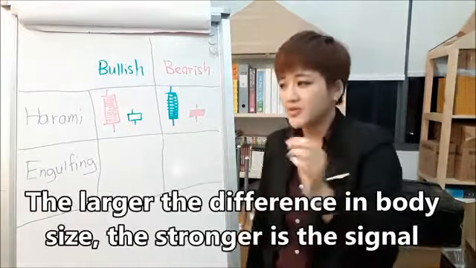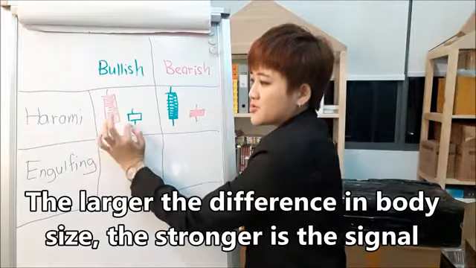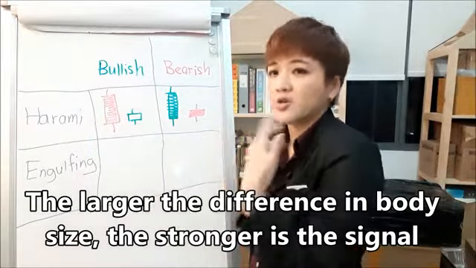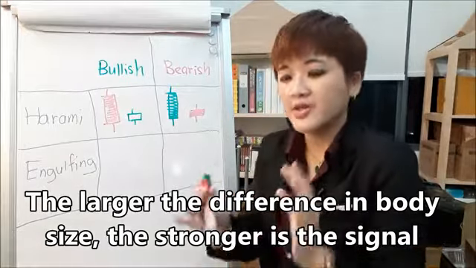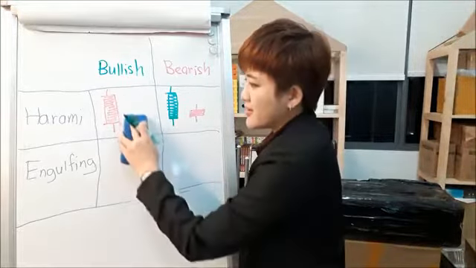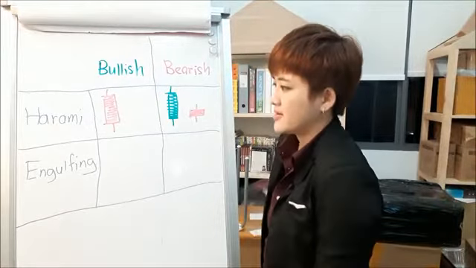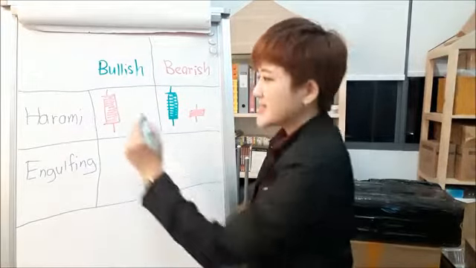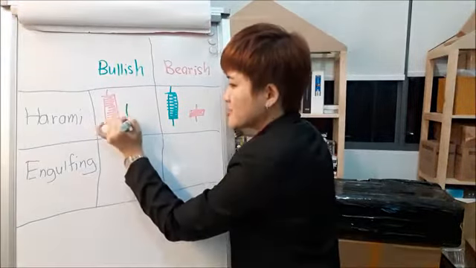The larger the difference between these two candlesticks, the stronger the signal. For example, if the second candle, instead of being a small green candle, goes slightly above the midpoint, then this is not as strong. The larger the bearish candle as compared to this candle, the stronger it is.